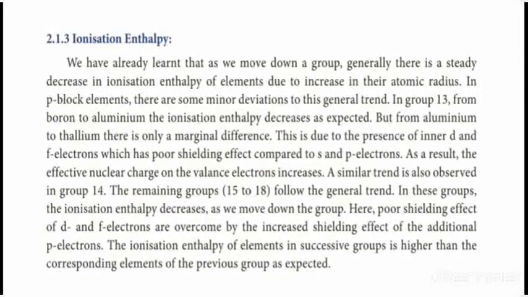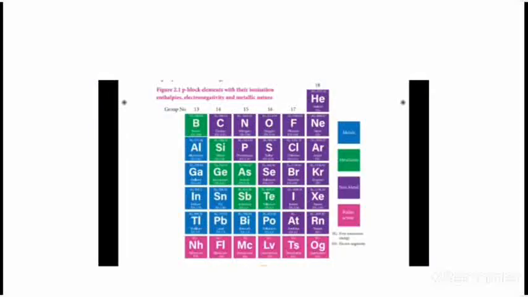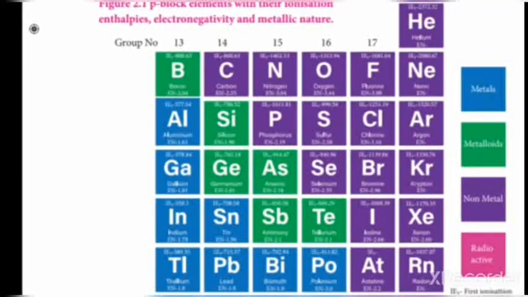Okay. Next, we are going to discuss about the ionization enthalpy. What is ionization? The energy required to remove the last electron is called ionization energy. In this group, you can see from boron to aluminum, the ionization energy decreases. For boron, it is almost 800, and aluminum, it's 577.